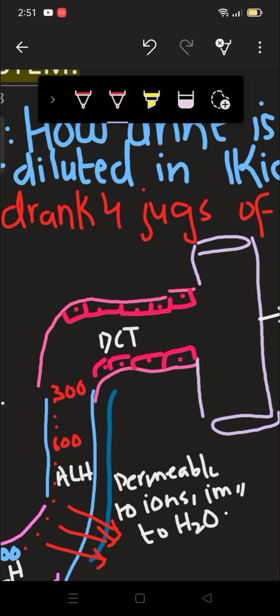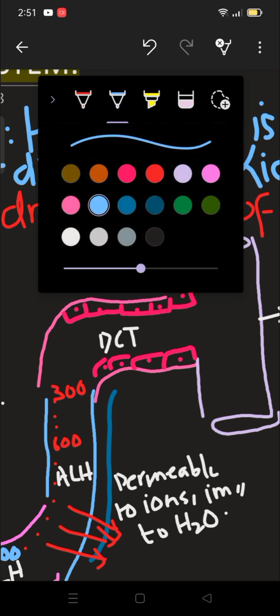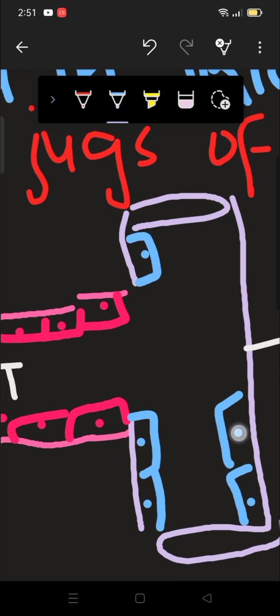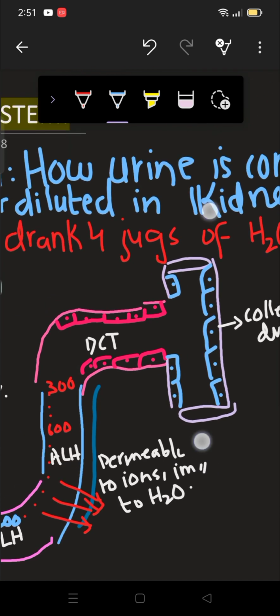Let me make the cells of the collecting duct as well. These are the cells of the collecting duct.